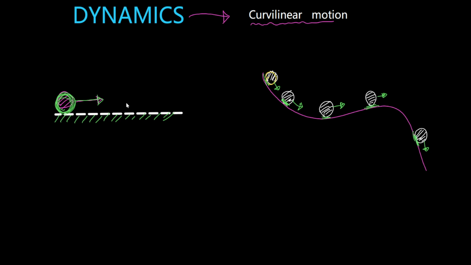From here I can write, for any motion, not just rectilinear or curvilinear, the velocity of the particle, because I'm considering a particle first, then we'll talk about a bigger body, is always tangent to the path.